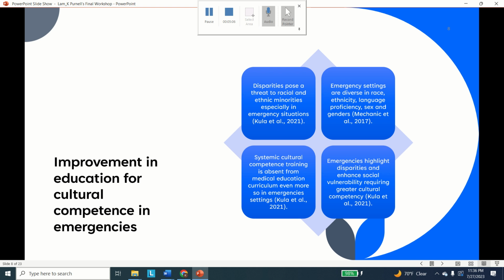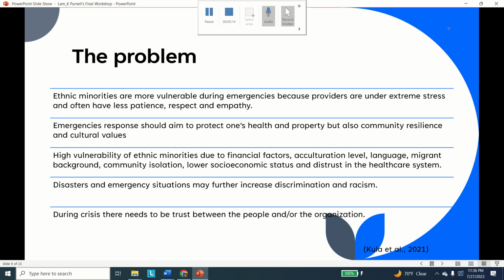And emergencies highlight disparities and enhance vulnerabilities, requiring greater cultural competency. The problem is that ethnic minorities are more vulnerable in emergencies because providers are under extreme stress, and often they have less patience, respect, and empathy, and so they overlook a lot of things that are important to the individual.